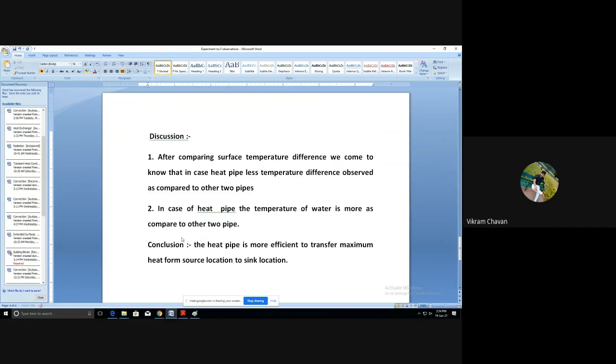Getting? The heat pipe is more efficient to transfer maximum heat from source location to sink location. That will be your conclusion in this particular experiment.